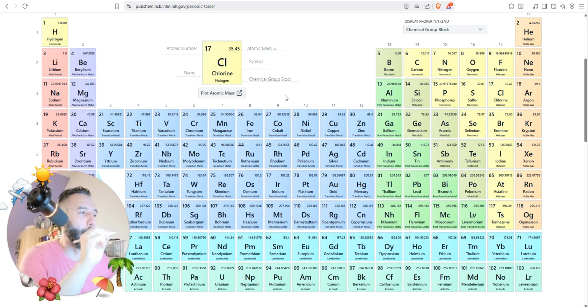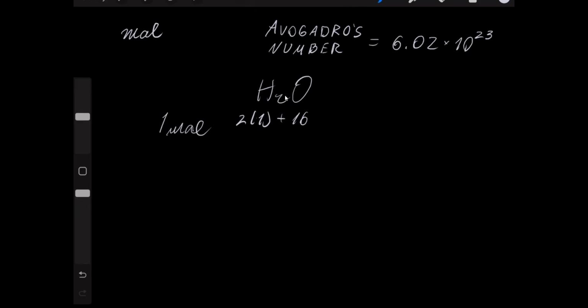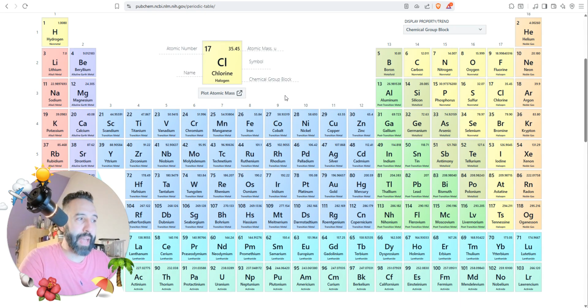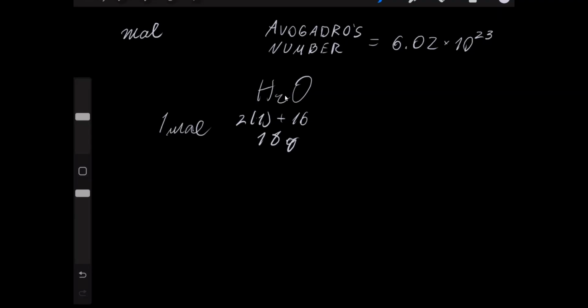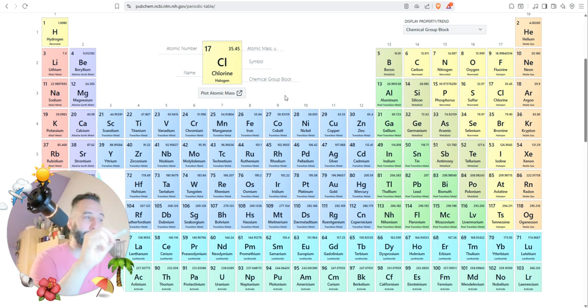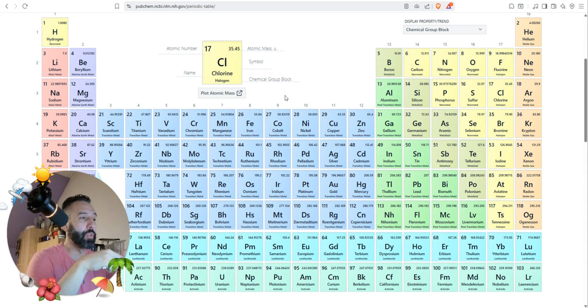So the mass of 1 mole of water equals 18 grams, and that mass contains 6.02 times 10 to the 23 molecules of water. Molecules. So if we're talking about an atom, such as hydrogen, then 1 mole contains 6.02 times 10 to the 23 atoms of hydrogen, and the mass is, right, 1 gram.